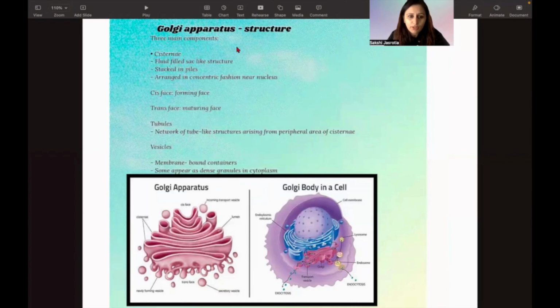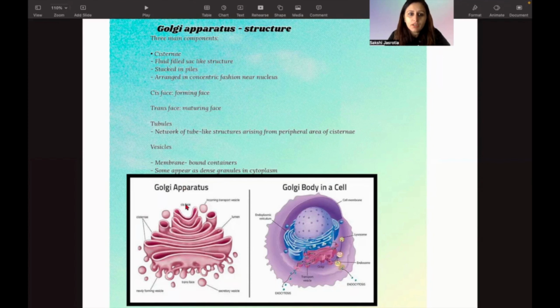Now, the structure. First of all, what is their structure like? We will talk about that. So there are three main components: cisternae, which includes the cis phase and trans phase, then there are tubules and the vesicles. So cisternae are fluid-filled sac-like structures. They are stacked in piles, as we have shown here. These are not empty. They are fluid-filled structures.